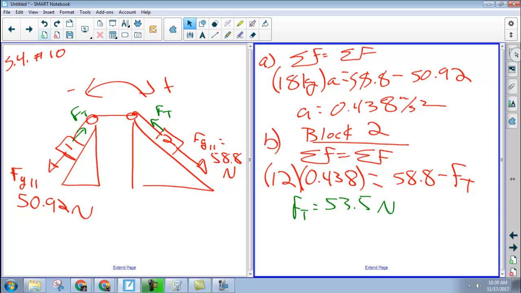find the acceleration of 2. So if the tension is 0, then how many forces are going to be on block 2? Just 1, right? Does that make sense? Okay, so let's figure out how fast block 2 would slide with no tension.